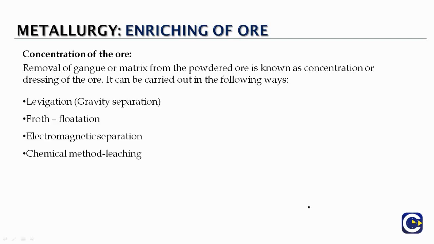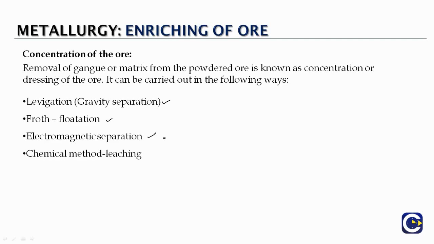Okay, and the commonly followed four methods for this are levigation, which is also called gravity separation and even called hydraulic washing. The second method, which is used mainly in the case of sulfide ores, is froth flotation, and the third one is electromagnetic separation or sometimes called magnetic separation.